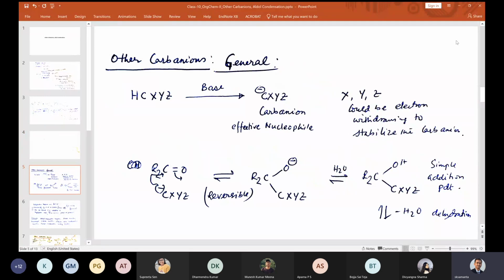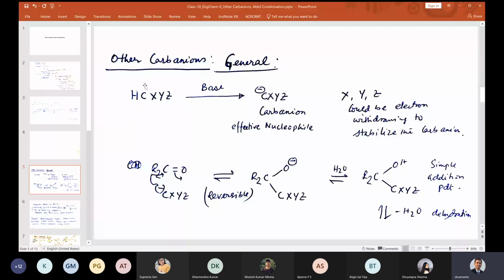Now go to other carbanions. In the category of other carbanions, we can make a general equation or general example. What does it mean by carbanions? That you have a carbon center with a negative charge.